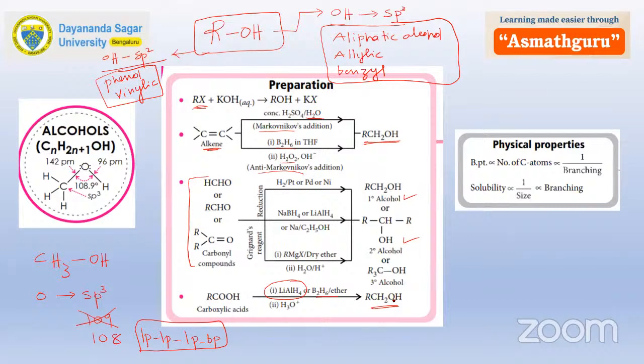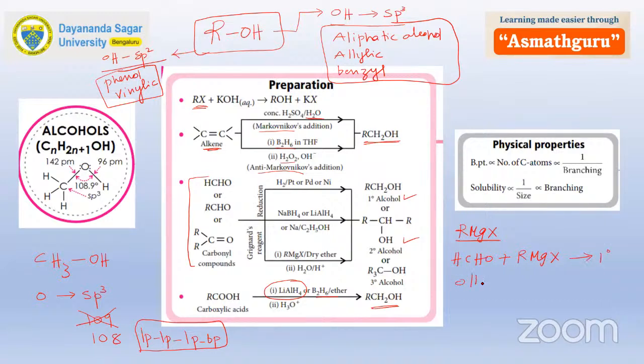We can also prepare alcohol by using a Grignard reagent, RMgX. How is this possible? Very simple. If you treat formaldehyde with RMgX, we get a primary alcohol.